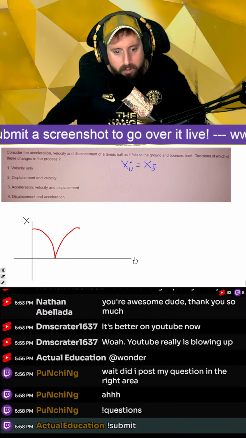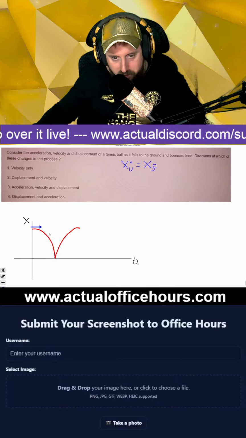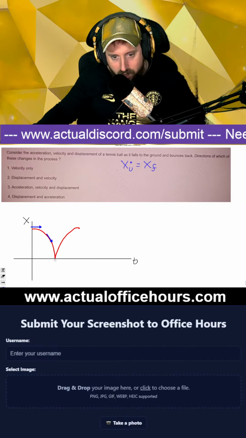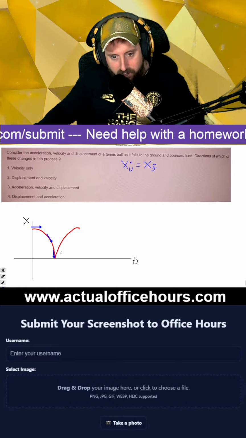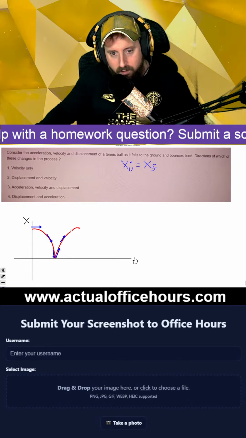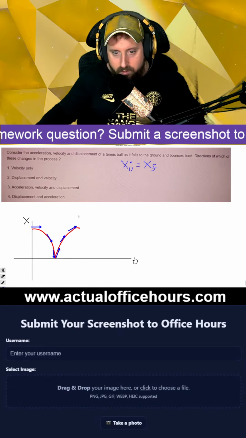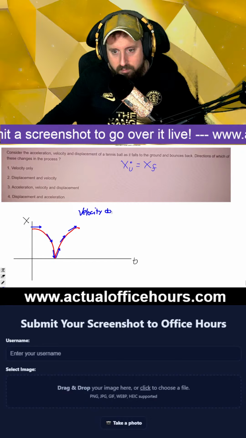The velocity goes from being 0 right before it's dropped, and then it's negative when it's dropped, and then it's really negative as it gets towards the ground, and then it immediately switches. So in this case, velocity does change.